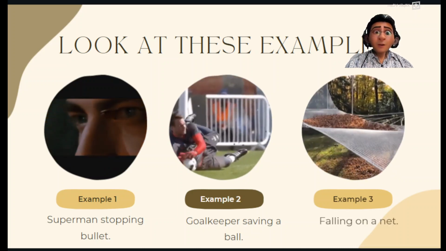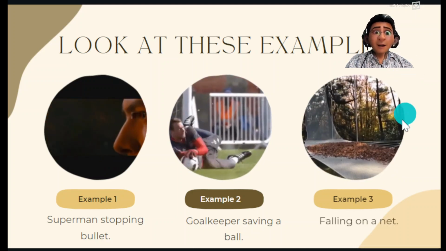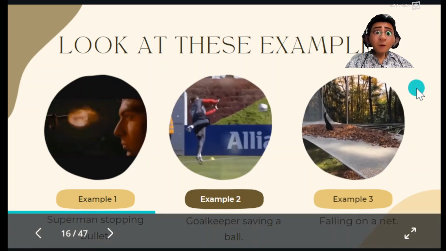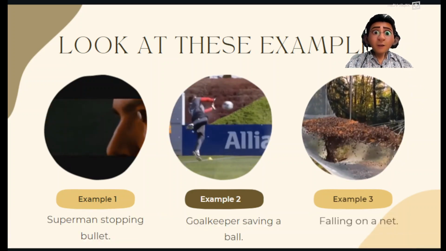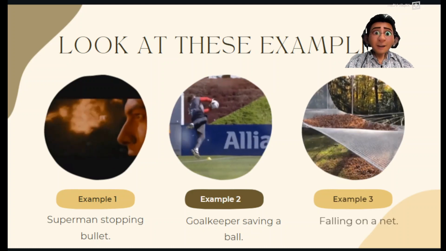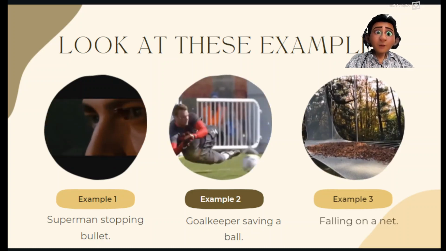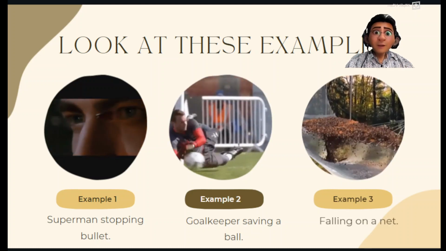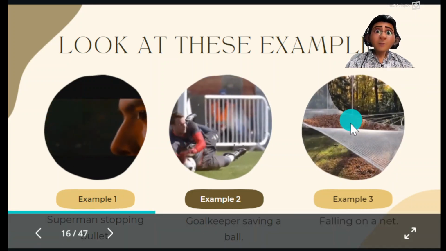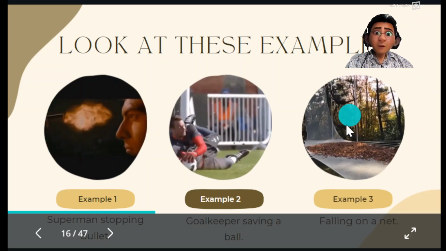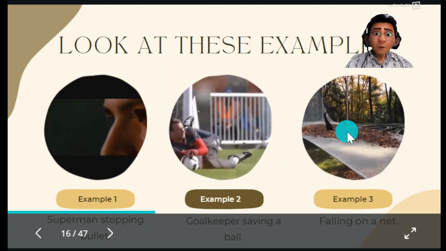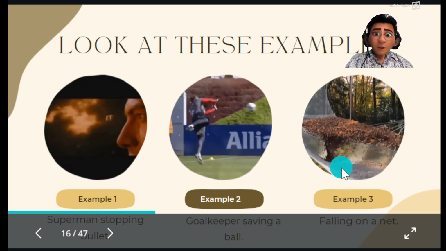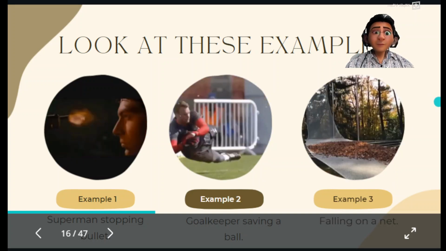Not only does the person who falls down on the net stop from falling even further, but when he hits it, it will slow down first. Slow down, then stop there. It is not moving downwards anymore.